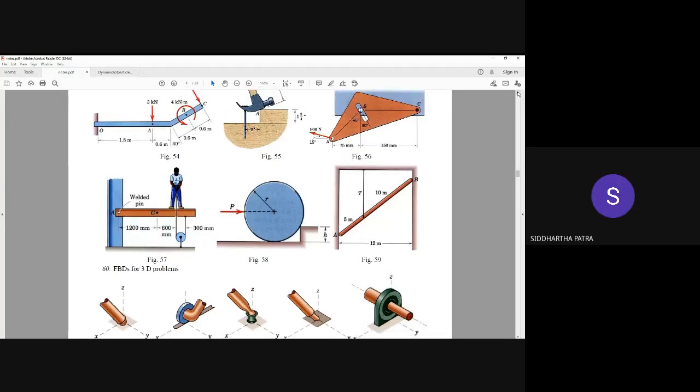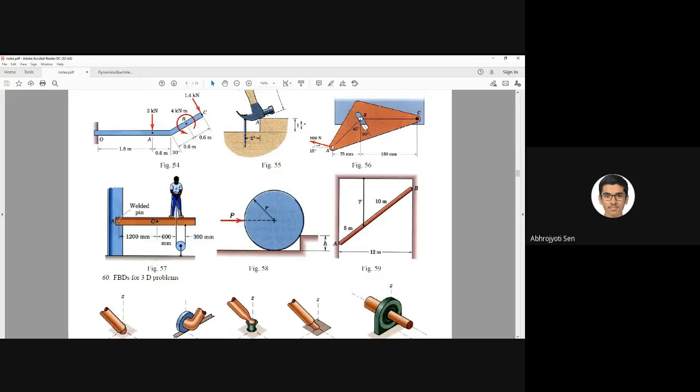I don't understand. Which problem are you talking about? For example, the first figure, if we are taking the moment about O, then the 3 kilonewton force is creating a moment, 1.4 is creating a moment.